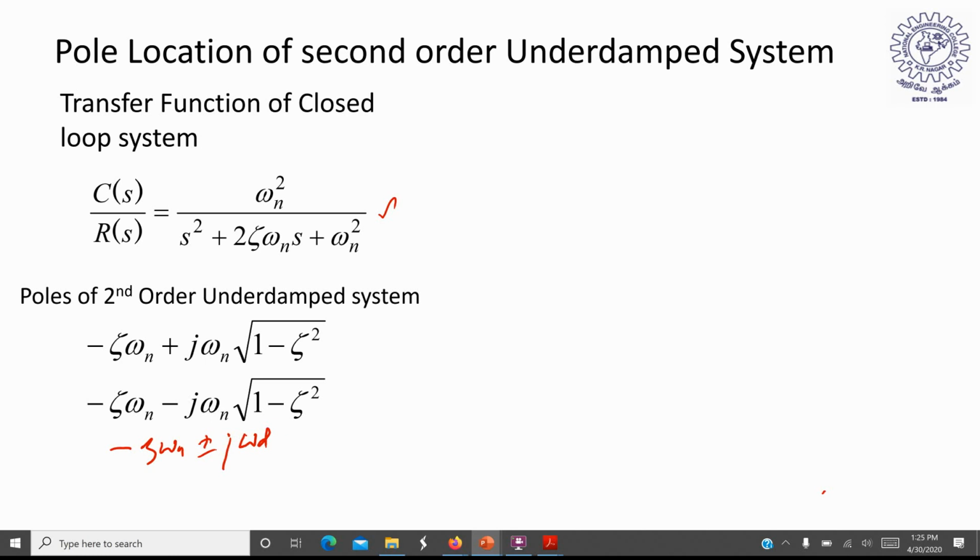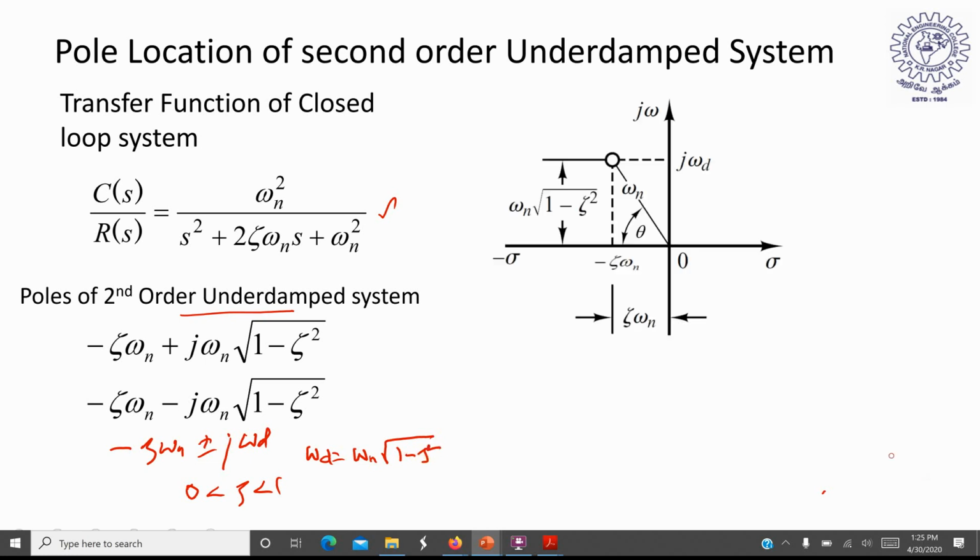And for underdamped system, the zeta value will be greater than 0 and less than 1. That is the category of underdamped system. Here omega d, the damped frequency of oscillation, is omega n root of 1 minus zeta square. Now we are going to see their pole location.